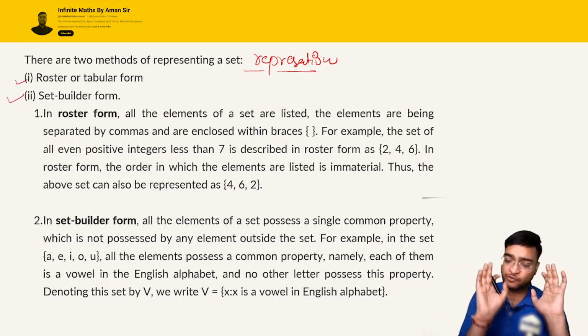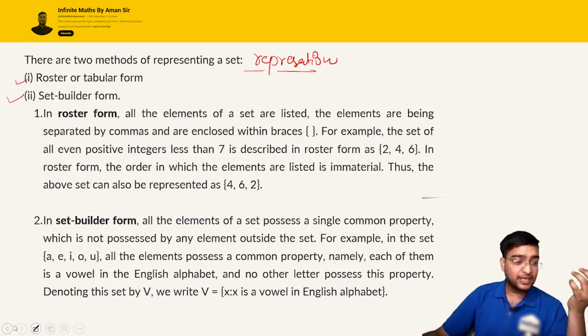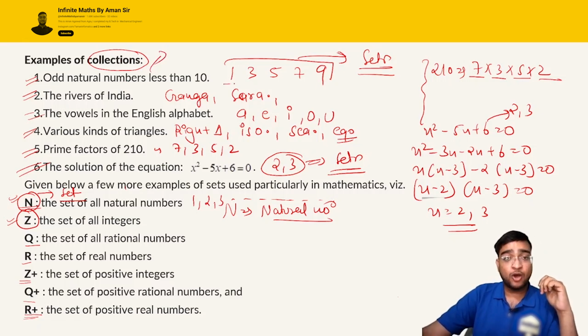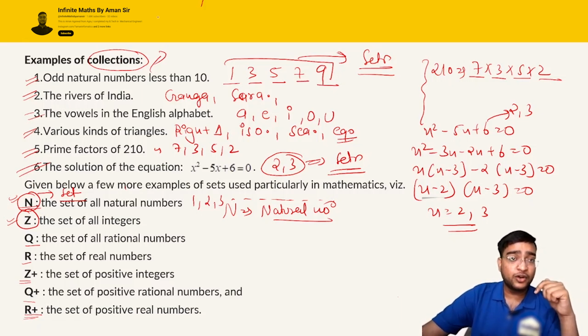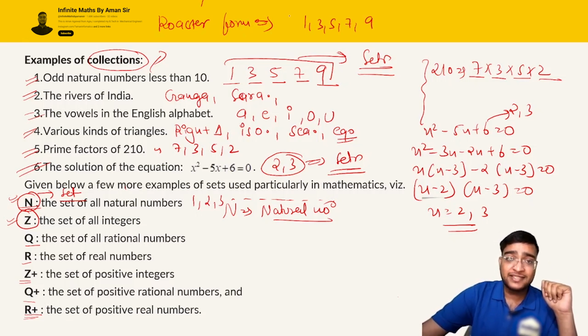One funda for roster form: you give all the numbers or objects. For example, if the objects of a set are 1, 3, 5, 7, 9, then in roster form you simply put these objects separated by commas, 1, 3, 5, 7 and 9, and close them with curly braces.